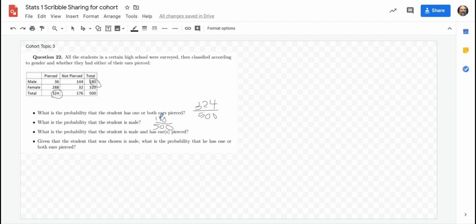What is the probability that the student is male and has ears pierced? Okay, so we just got male and ears pierced. Maybe we even wrote them down as probabilities. If you like to pull out your calculator, please do not multiply. You can only multiply probabilities to find out this and that if this and that are independent.